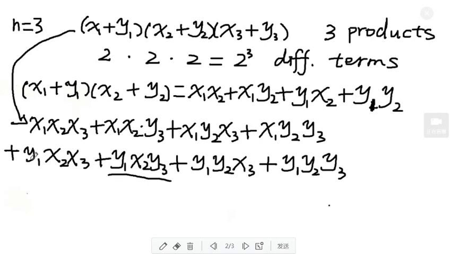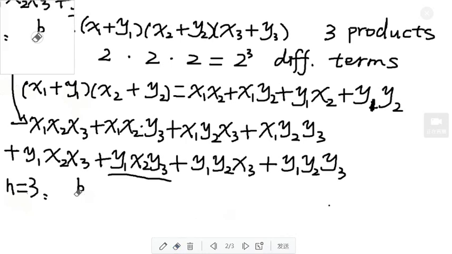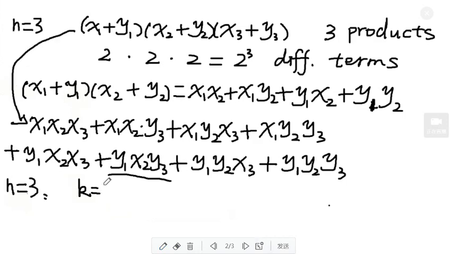So here n equals 3. If we are going to look at each term, if I choose k, where k is a number, for example, if k equals 1, if I choose k numbers of x, then how many y should I choose?